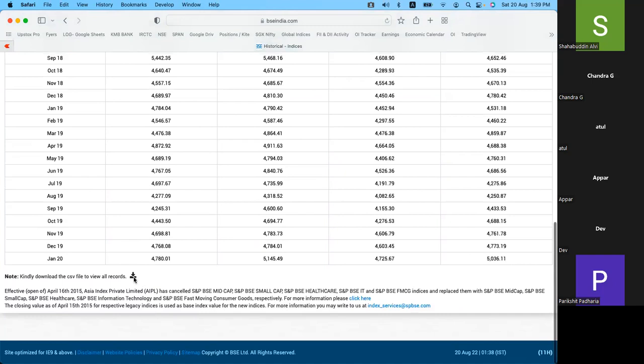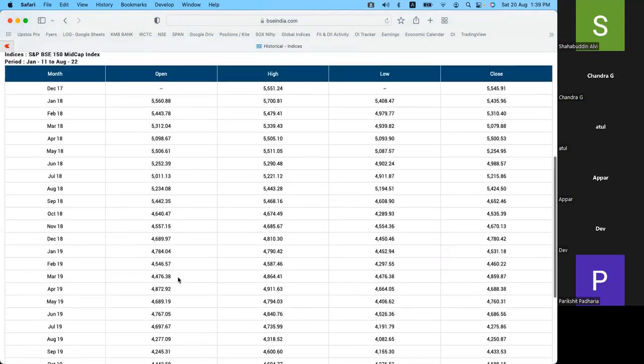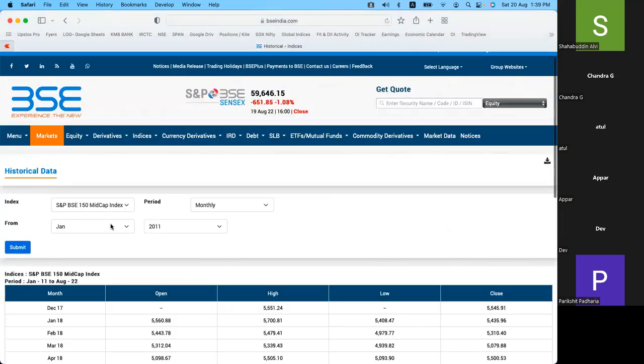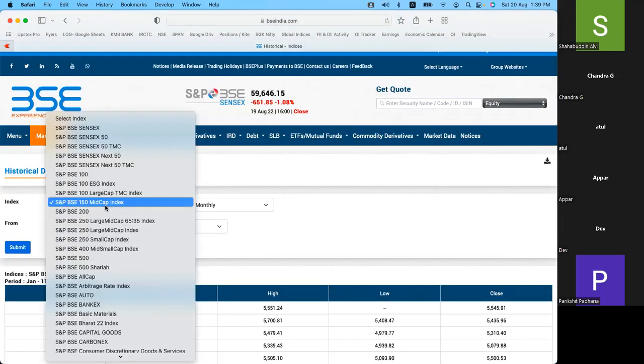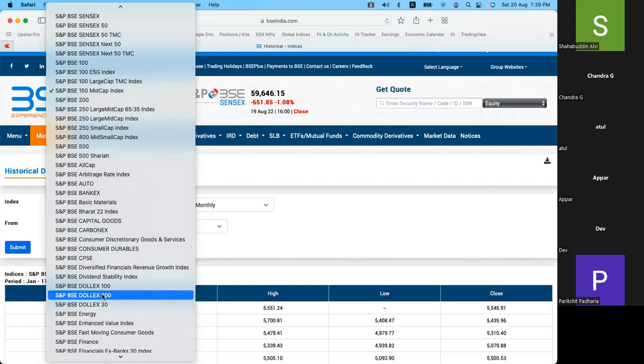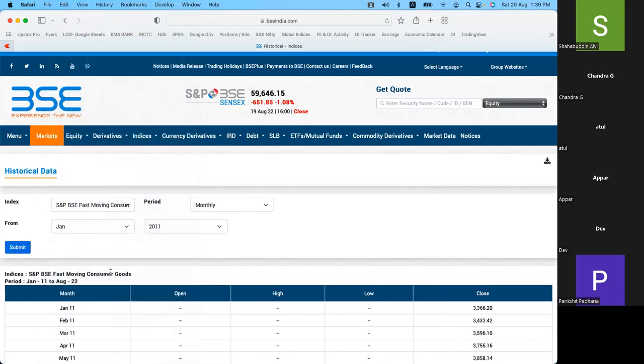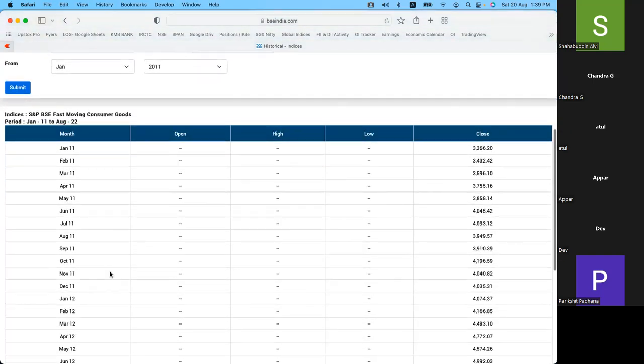Oh no, so it is only from 17. You can't do it. Go up. Change the index to FMCG. Yeah, download it.